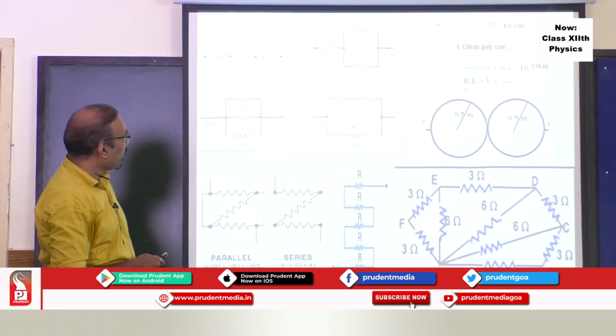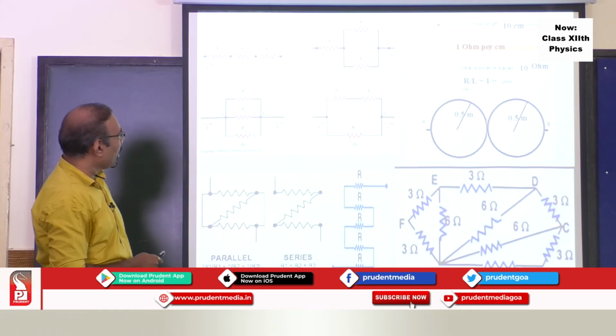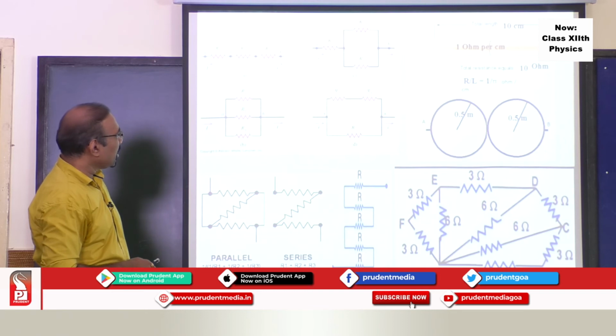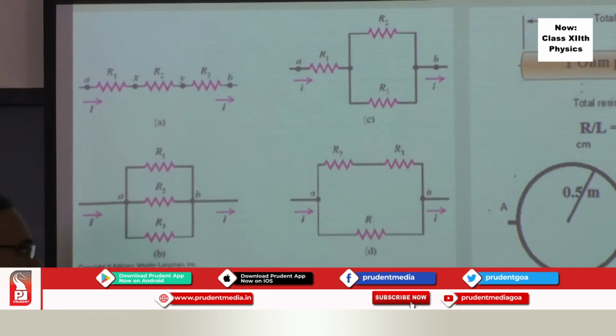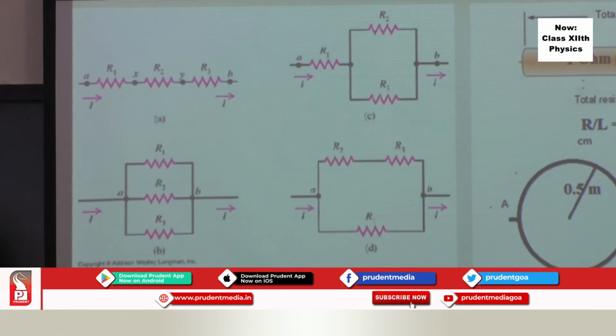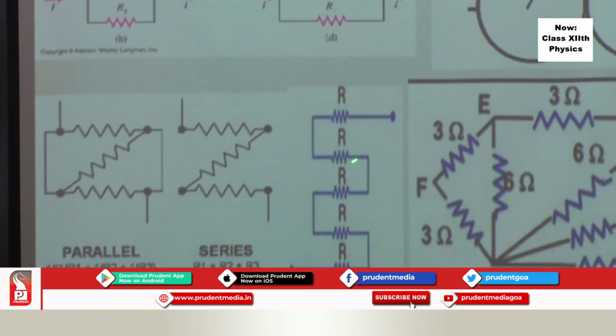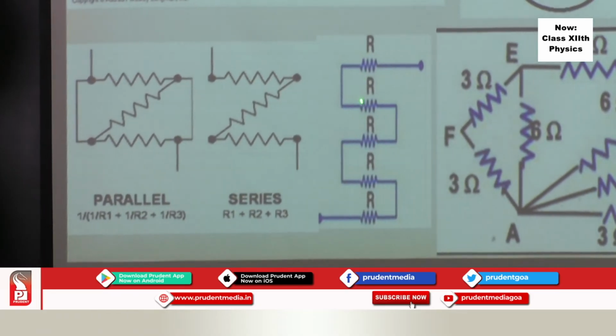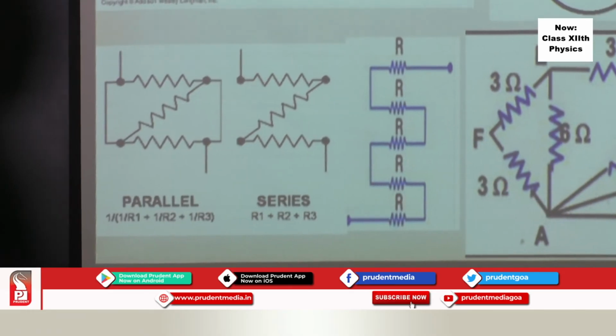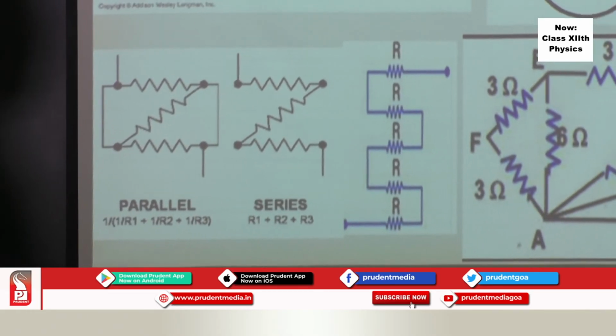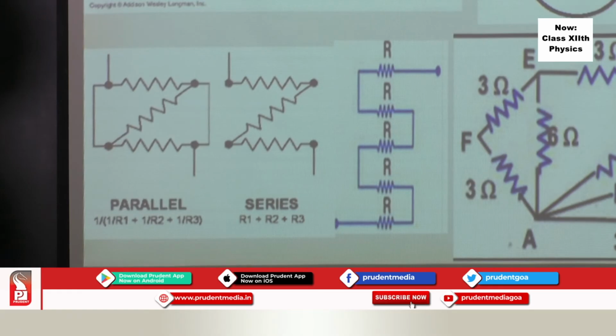Here the same current is flowing, so R2 and R3 will be in series, and that combination will be in parallel with respect to the other. So these hints will help you solve some problems. There are also these chains. It looks like a parallel connection, but it is a series connection, because the same current is flowing. Here, it is a parallel connection because they are connected between two common points.